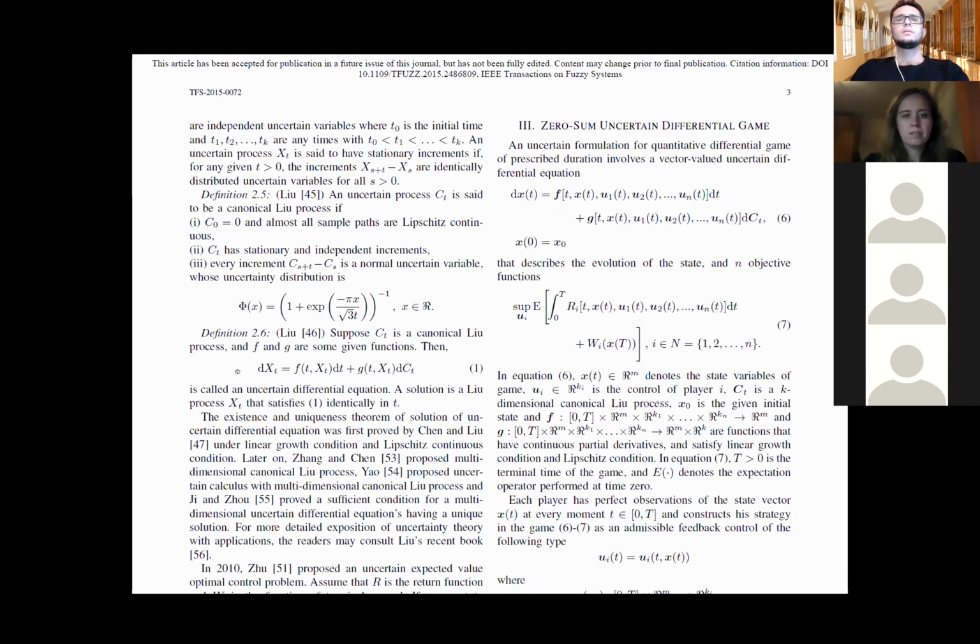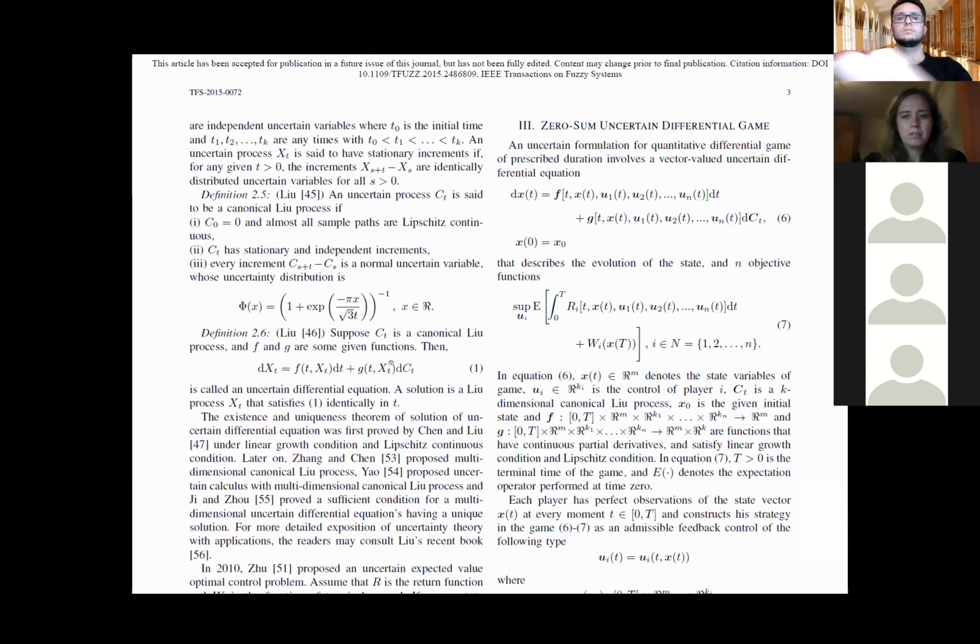This is the uncertain differential equation. This is different from the stochastic differential equation. The main difference is this.